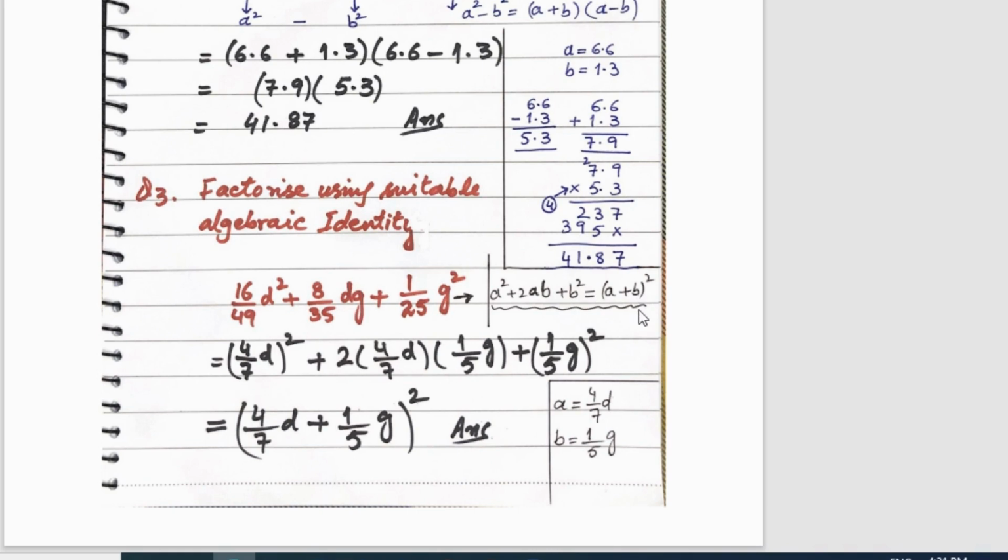So for the factors form, first of all we will write down this term as a square and b square and 2ab. Okay, now come to the point.